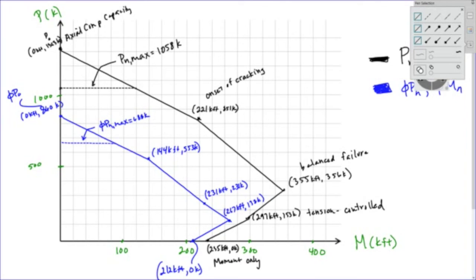So this axial capacity, I guess I should have said that. That means even if, according to your interaction diagram, you could have an axial capacity of 860 kips, or if you're out like here, or I don't know where you're at.